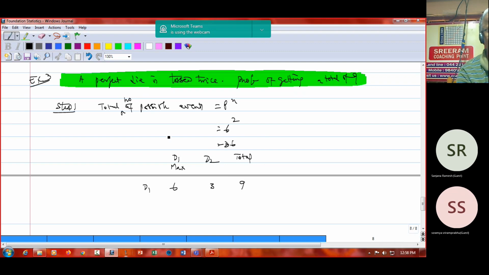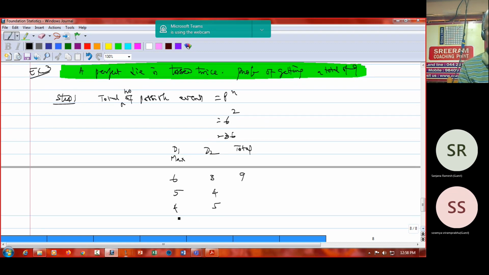So, that is 9. Exact 9. What other combination you can get? 5, 4; 4, 5; 3, 6; 6, 3. All possible combinations with sum of 9.